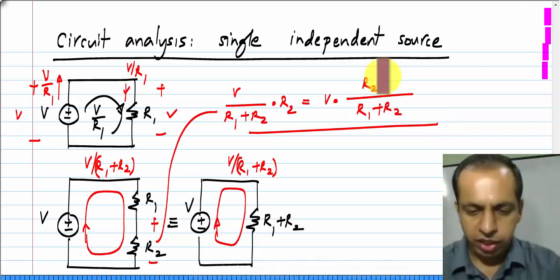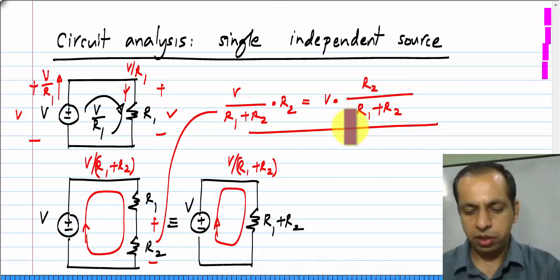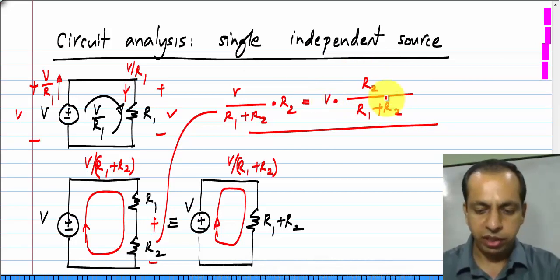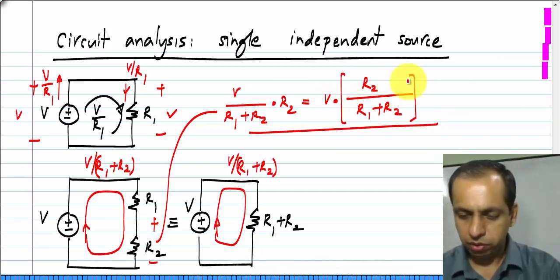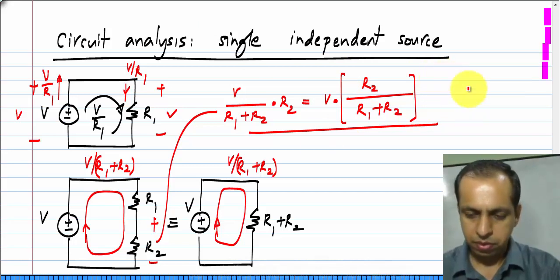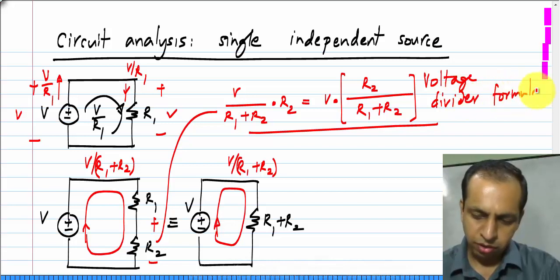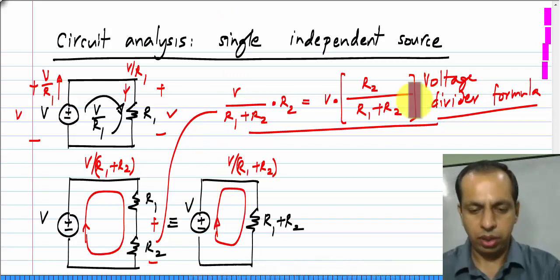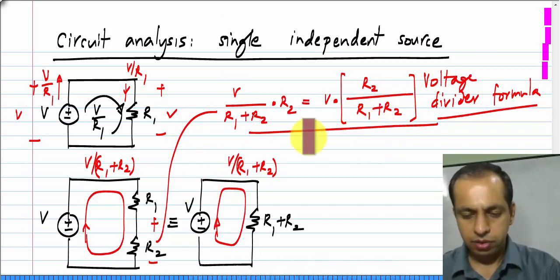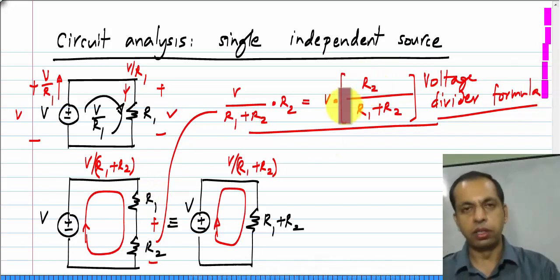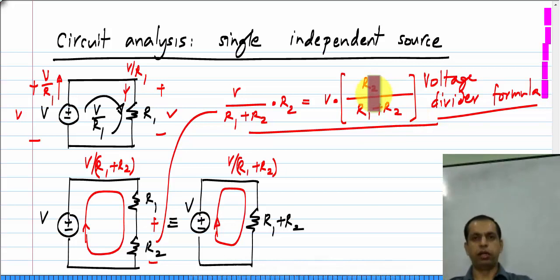So, we have resistance R2 divided by the total resistance, in this case we have only two resistors, and that whole thing times the voltage V. So, this is the voltage divider formula. And if you wanted the voltage across R1, you would have R1 in the numerator instead of R2. So, again very simple.